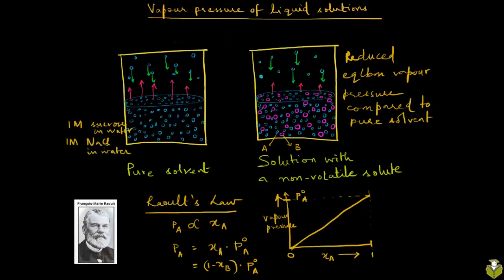When you say 1 molar NaCl, this is going to dissociate into Na plus and Cl minus, so the number of solute particles is actually doubled when it goes into the solution. You need to keep that in mind. So this actually becomes 2 molar when you're talking about concentration, and you need to accordingly double the mole fraction when they dissociate into ions like this. This is true only for ionic compounds dissolved in water.